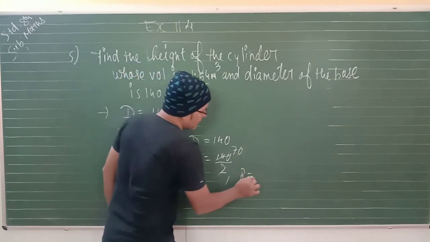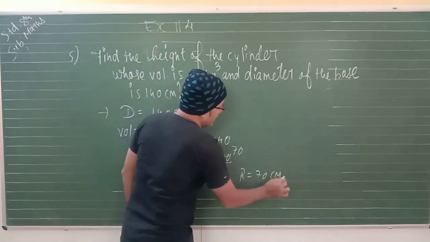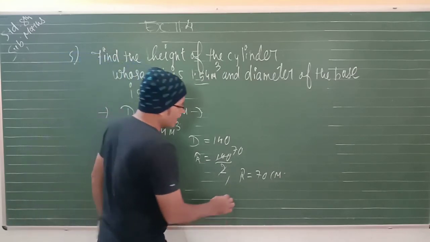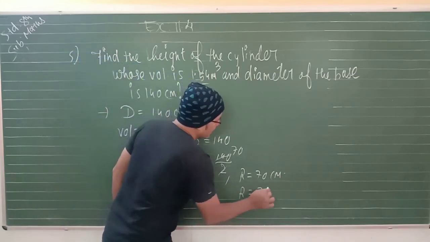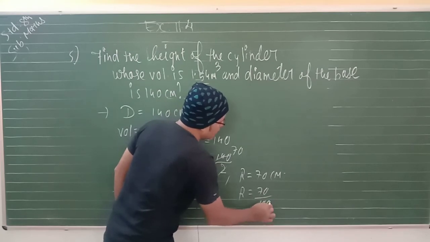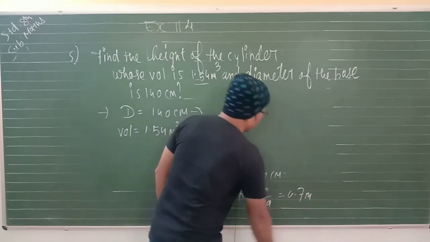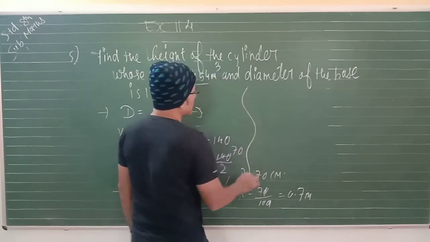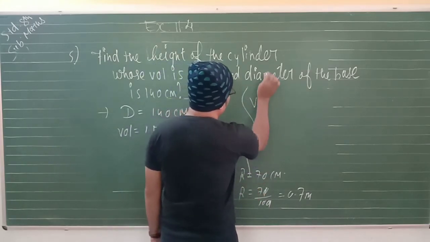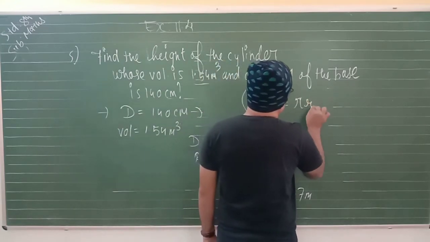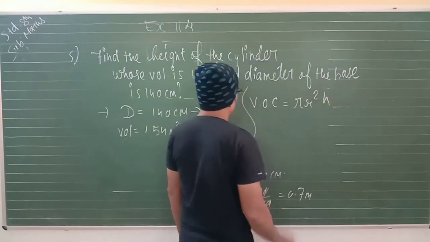Now radius is equal to 70 centimeter. You have to bring it into meter. So you will divide by 100. So 70 upon 100, 0 0 cut. So it will be 0.7 meter. Now volume of cylinder is equal to pi r square h.